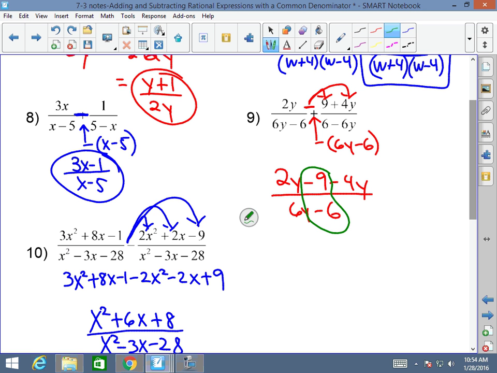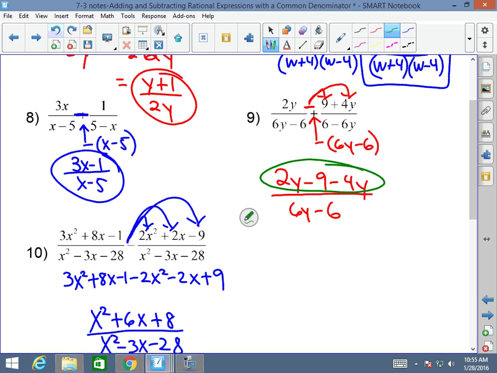So the answer is no, sir. It is mathematically illegal. You cannot do it. It's impossible, because this is a polynomial here.